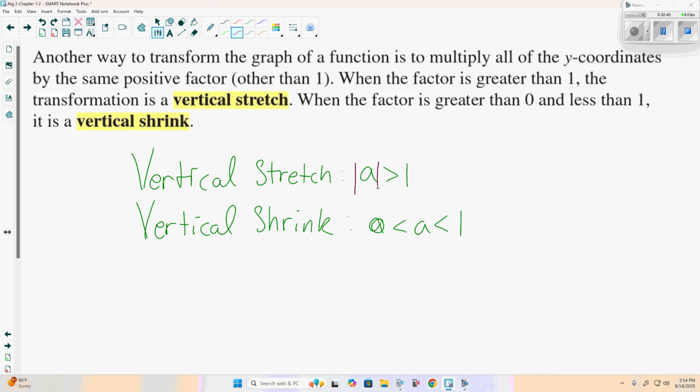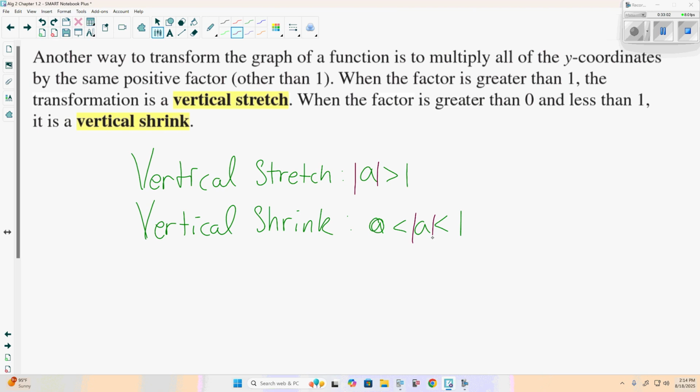If 0 is less than the absolute value of a is less than 1, it's a shrink. They add those absolute value bars just in case the value of a is negative. But at this point we have the understanding to know that if that number is negative, the negative is with the reflection, the number itself is with stretch or shrink.